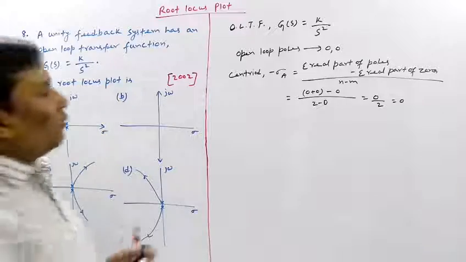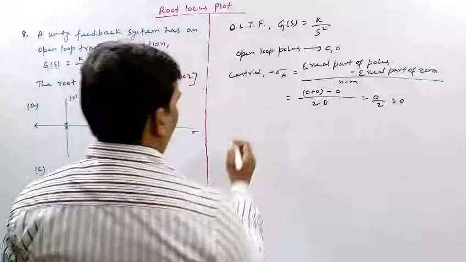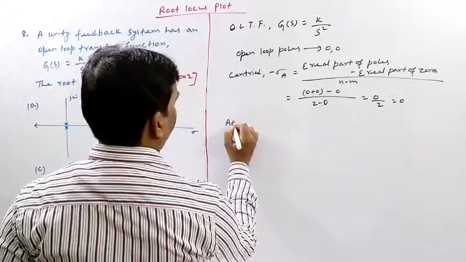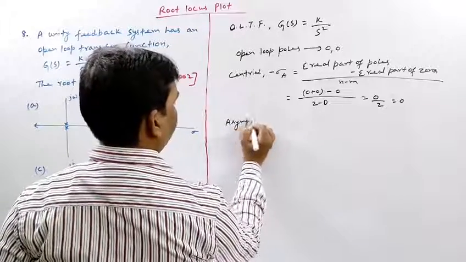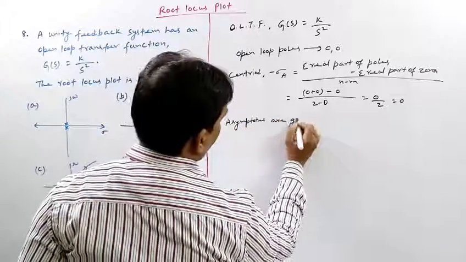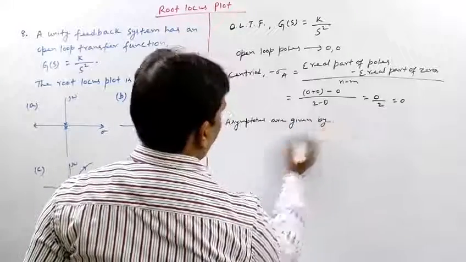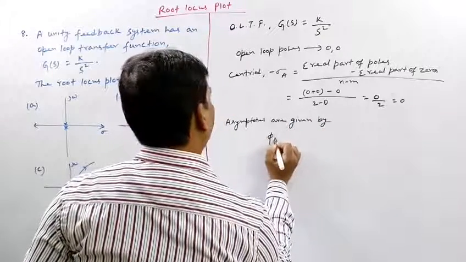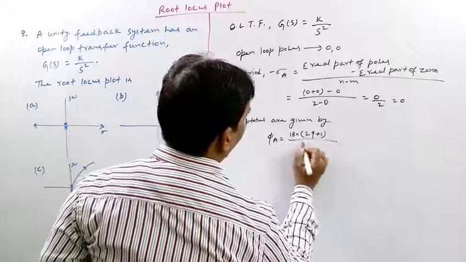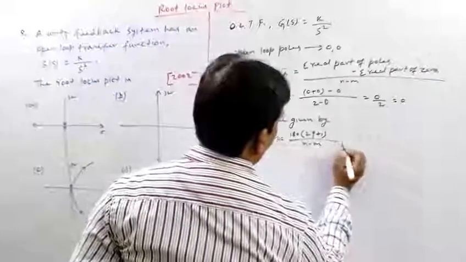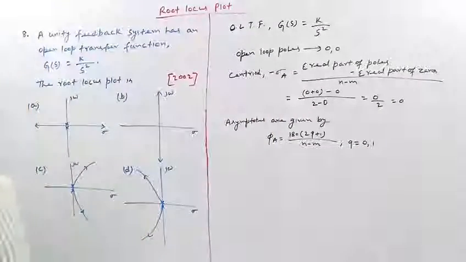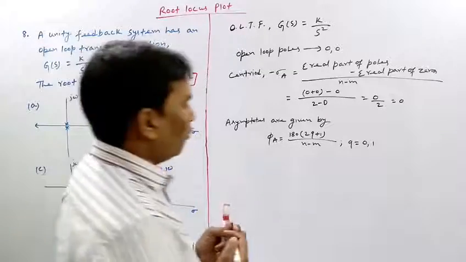Now let me calculate the angle of asymptotes. Asymptotes are given by phi A equal to 180 degree multiplied by (2q plus 1) divided by n minus m, and q varies from 0 to 1, because there are only two poles, so there are only two asymptotes.